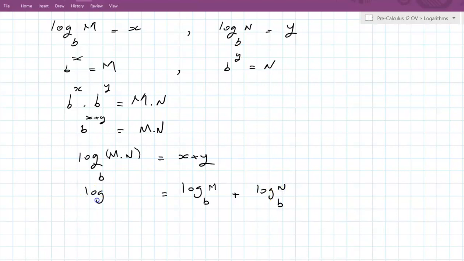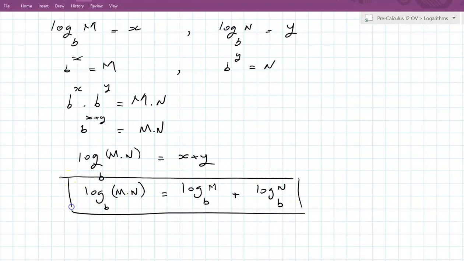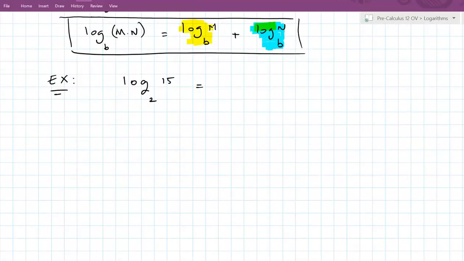Here is your first law for the multiplication. Here is the multiplication law of logs. So let's go through an example. For example, we want to find out what log of 15 base 2 is, and we want to write it as a sum of two logs, using the product of the argument.